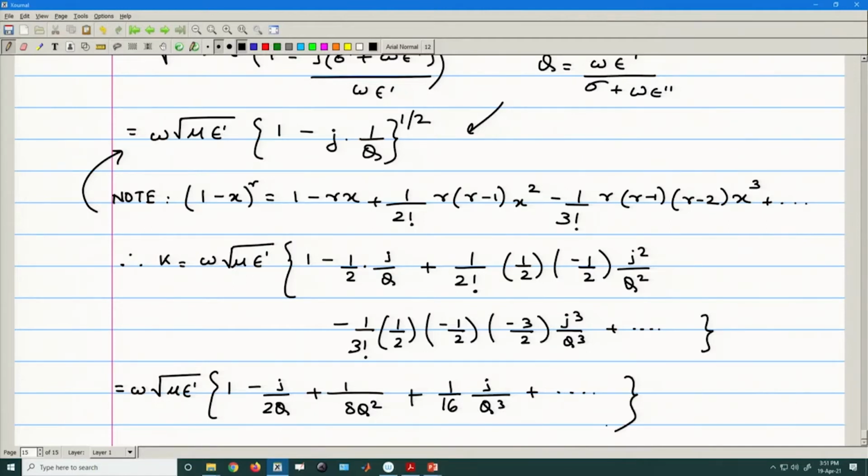Okay. Now what we will do, since we need to find k prime and k double prime, from this equation we will be separating the real part and the imaginary part.